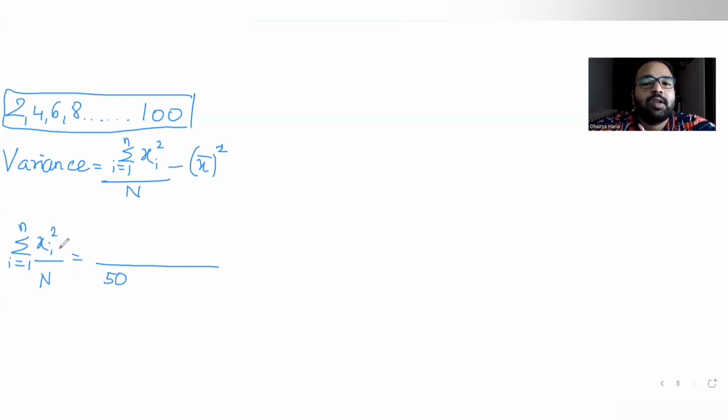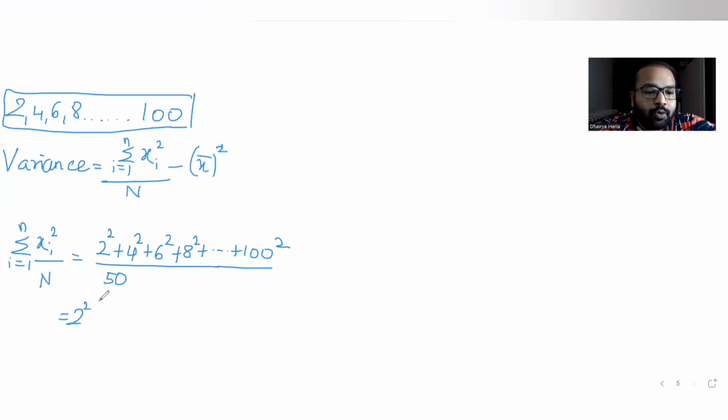Now if I find the sum of xi square, it means I will square each term from 2 to 100, each even number, and add them. If I find the common term, I can see 2 square can be taken out common because all of these are even natural numbers.